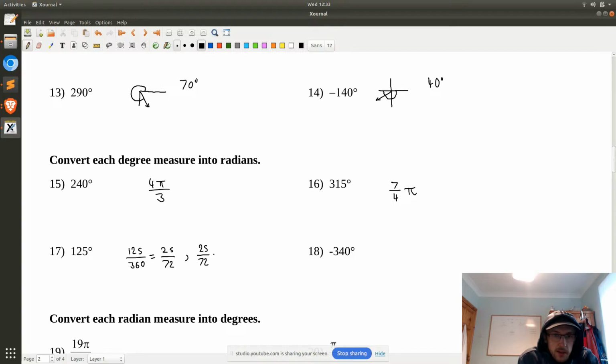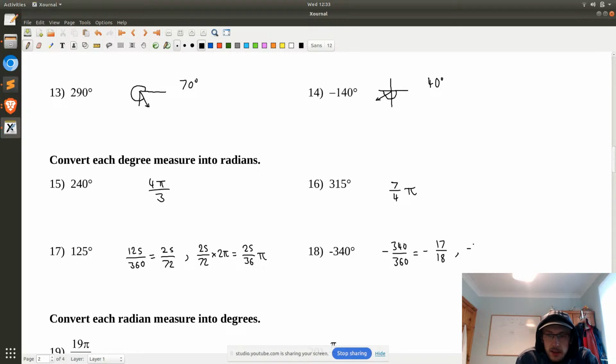So now do this and times it by this. You get the 2 on the top and the bottom, and so it cancels out, and so you get this. Then negative 340 degrees. Similar pattern. Cancel, cancel.